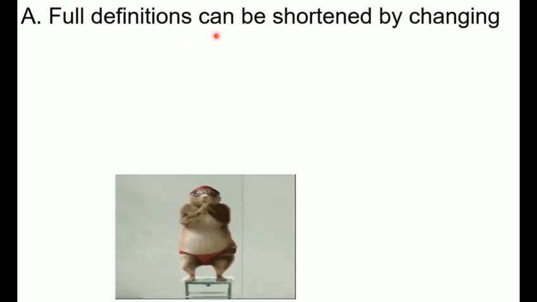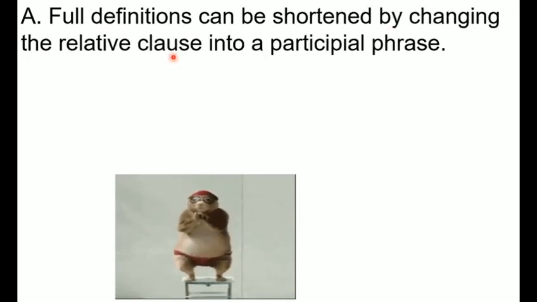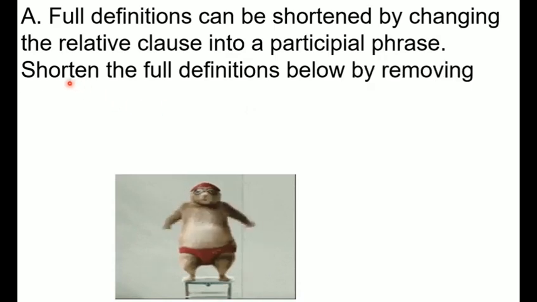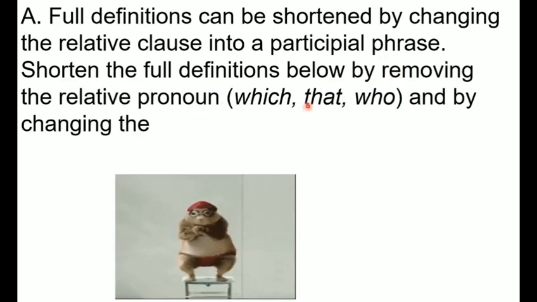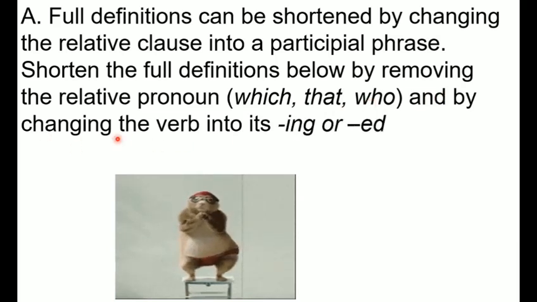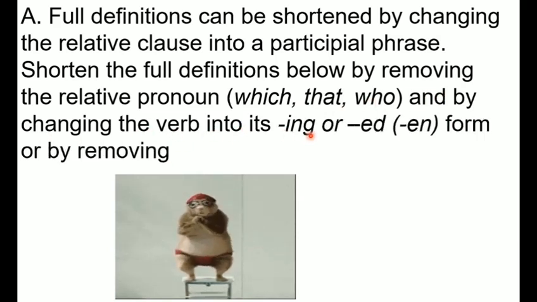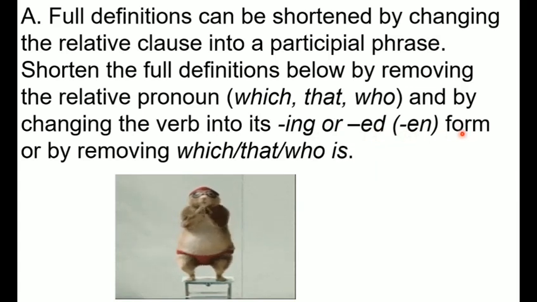Okay. Now, full definitions can be shortened by changing the relative clause into a participial phrase. Now, shorten the full definitions below by removing the relative pronoun which, that, or who, and by changing the verb into its -ing or -ed or -en form, or by removing which, that, who, or is. Okay.